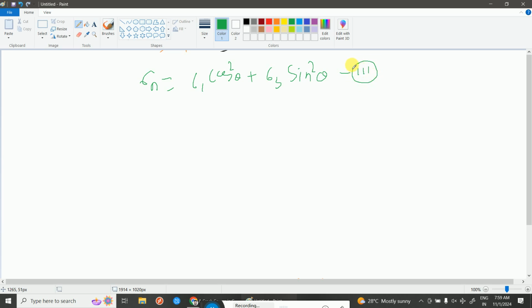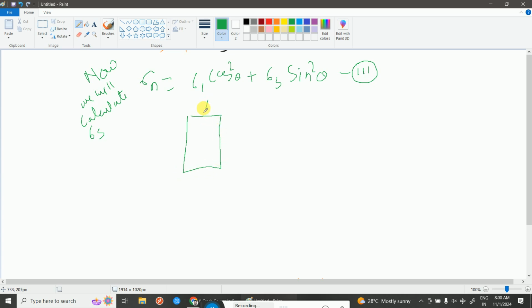Now we will calculate in the same fashion for sigma s. Now we will calculate sigma s. So we will draw a figure, a plane. Okay, this is a plane.